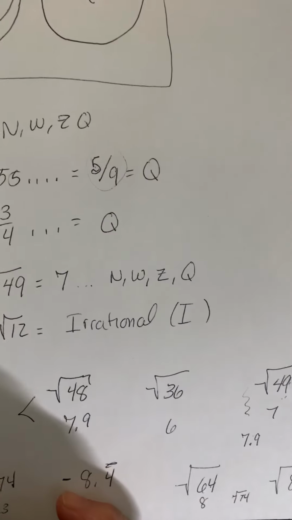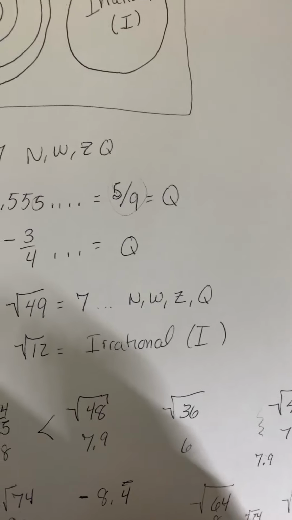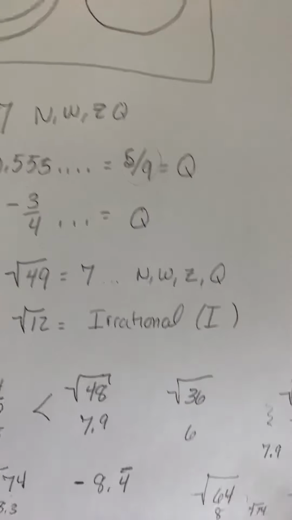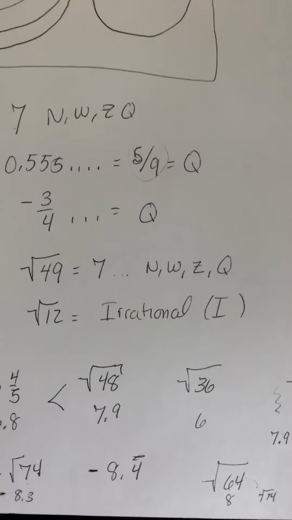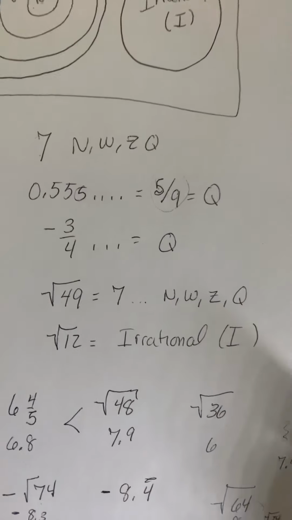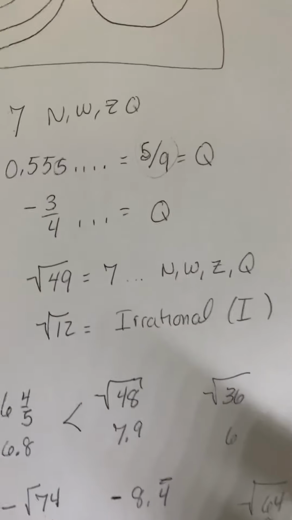Negative, sorry. And this is a negative. So actually, no, it's close. Let's see. So how far is it from 64 to 74? It's actually closer to the 9, isn't it? So it's probably like 8 6/10 if we really wanted to think.